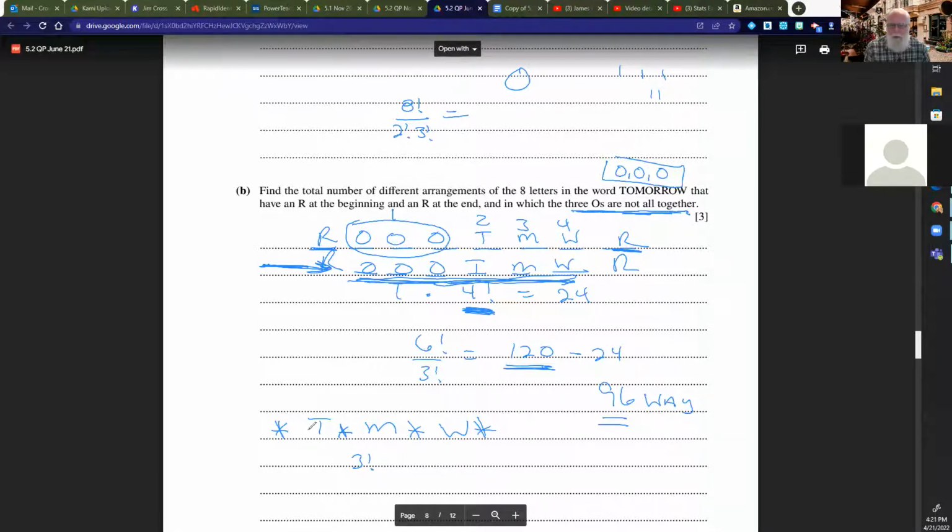And then this is going to be 1, 2, 3, 4, 4P, and then I only have how many O's? 3. Right? Now I've got to divide by what? 3 factorial. Well, what's 3 factorial divided by 3 factorial? 1.